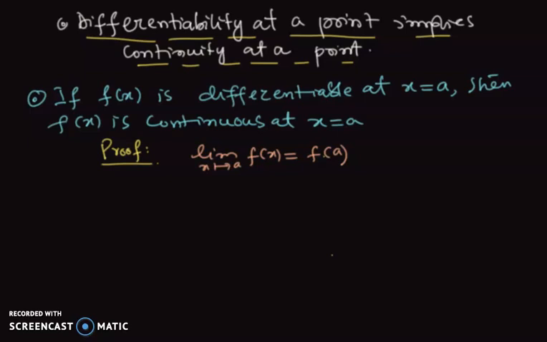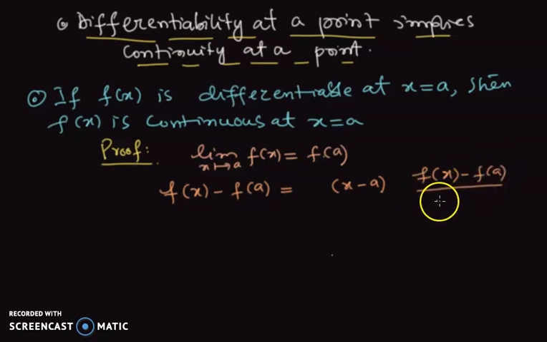Mathematically I can write f of x minus f of a as x minus a times f of x minus f of a divided by x minus a. Now these both sides are same. Now you just need to apply limit on both sides.